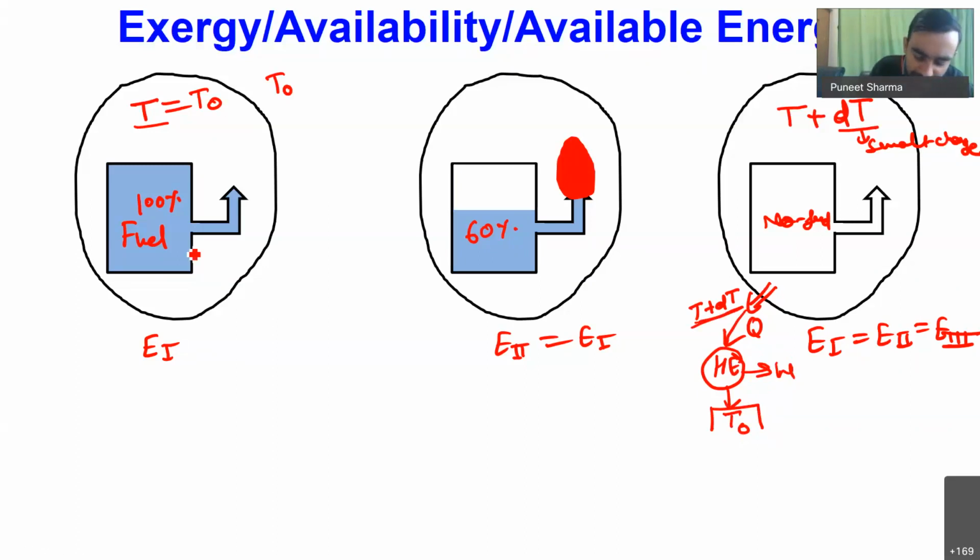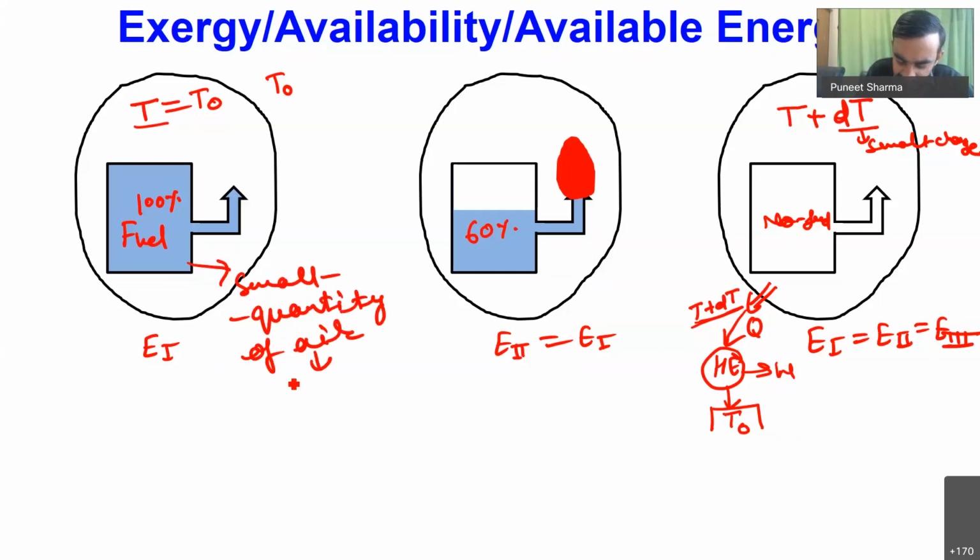However, in the first situation, instead of heating an infinite amount of air, a large amount of air, I can take a small quantity of air and heat that small quantity.